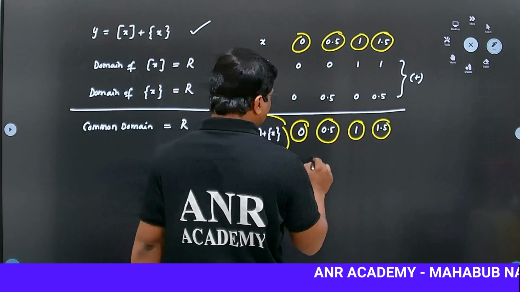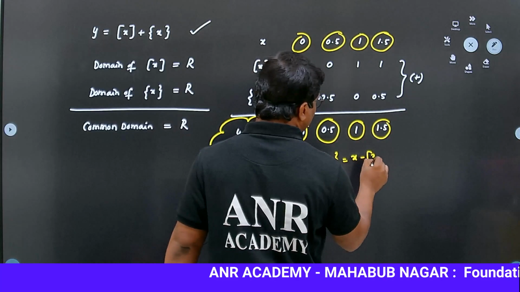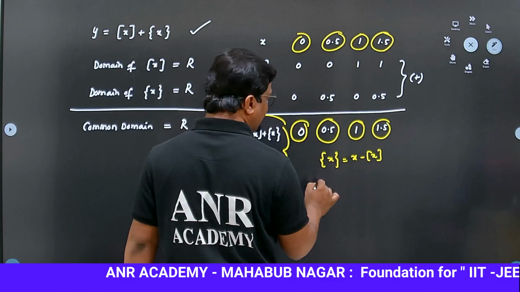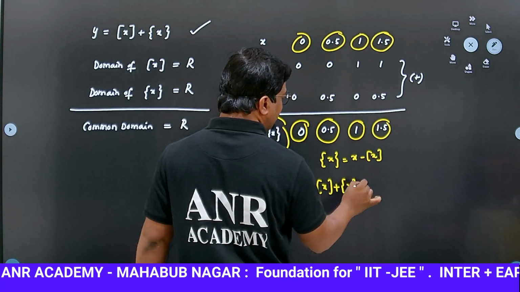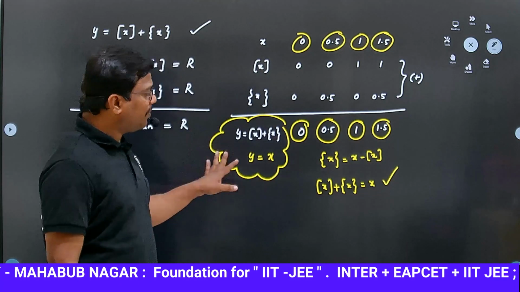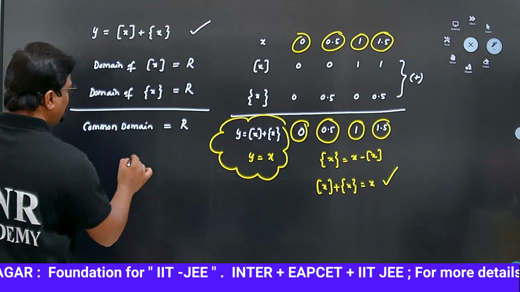Also you know that the fractional part of x is defined by x minus step x. Transferring the greatest integer to the left side, step x plus fractional part of x gives the result x itself. So it is enough to draw the graph of y equal to x. Very simple.